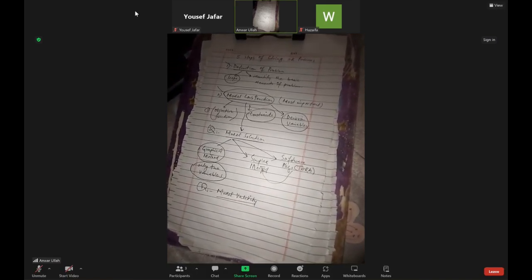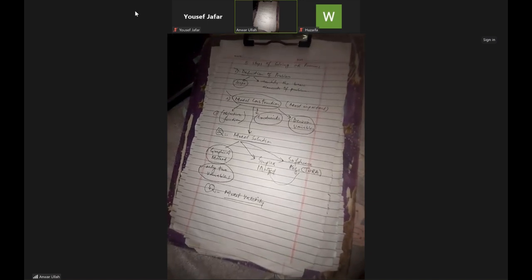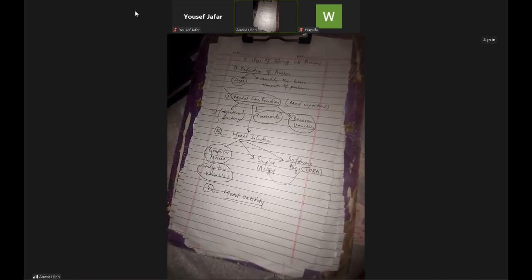Like the solution that we found or the model that we made, is it representing the actual scenario or not? Or in some ways, or at some point, it is contradicting that. So you have to validate it.